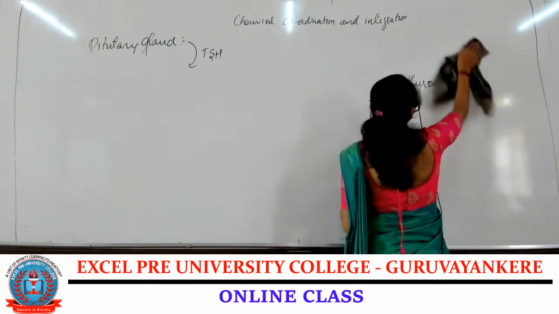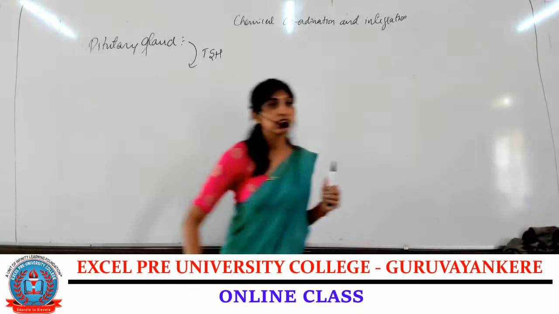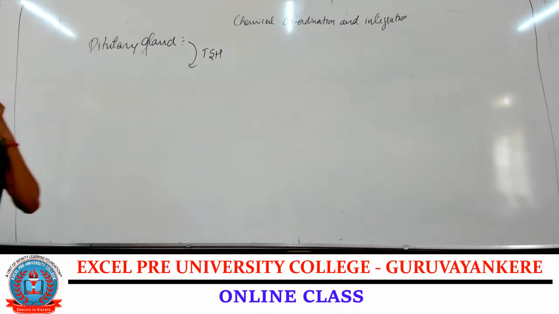Yes, we all know where the parathyroid gland is located: on the trachea, but on the dorsal side of the trachea.